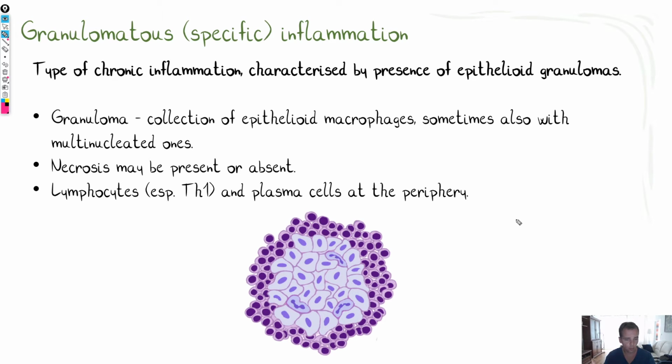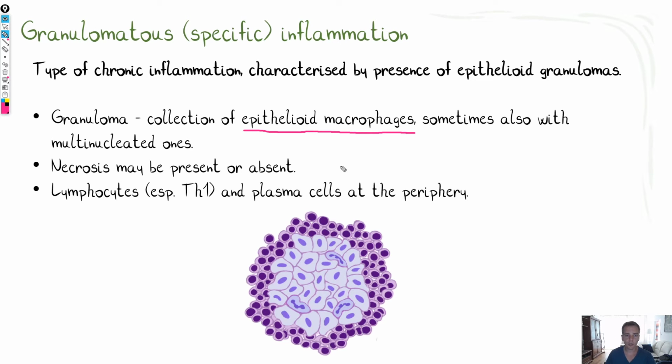They transform morphologically and they start to look like epithelial cells. That's why we call them epithelioid macrophages, which means that they look like epithelial cells, but they are still macrophages. And they join forces and create a collection, which we call granuloma. So granuloma, in fact, is a collection of epithelioid macrophages that join forces for some reason.